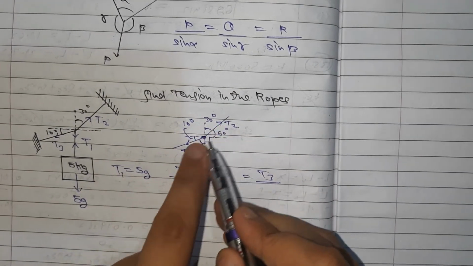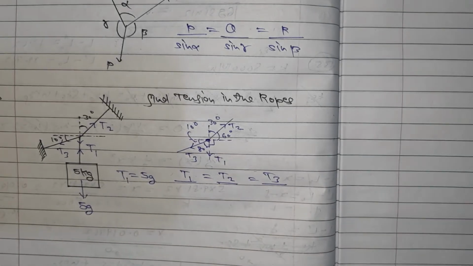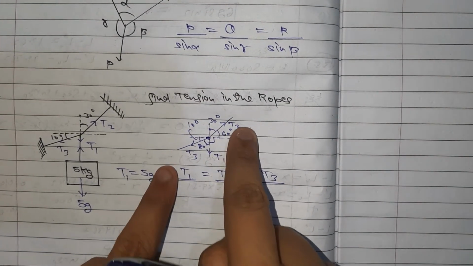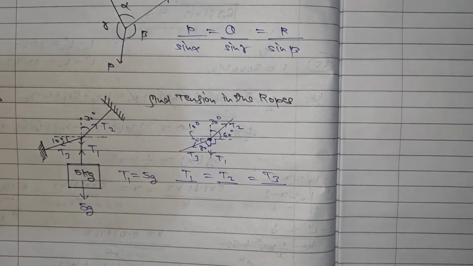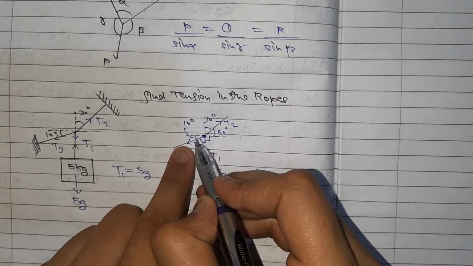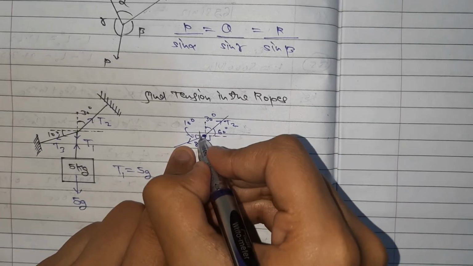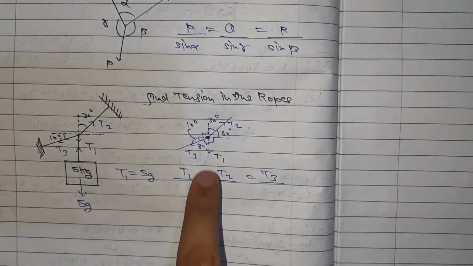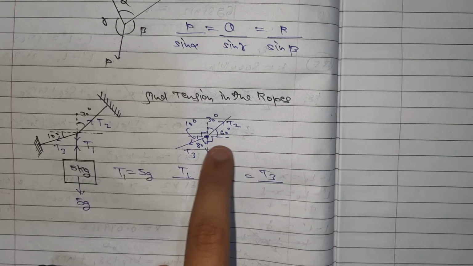One more thing: we also have to calculate the angle between T2 and T3. If this much is 10, this much is 30, and this much is 90, I hope you are clearly getting all the angles.